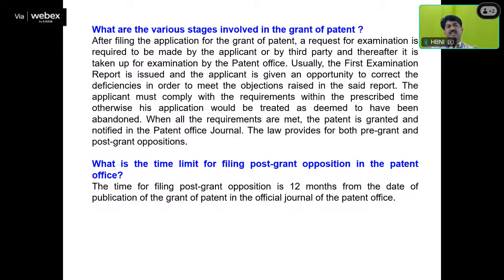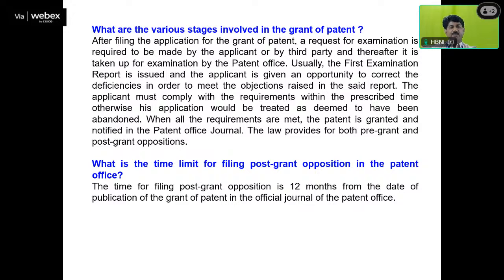So what are the various stages involved in the grant of a patent? Whatever we have mentioned right now about the patenting process, the process is a little lengthy. It's not very short, where we just go and apply and we get the patent grant. It's not like that. It's a lengthy process because it's intellectual property.